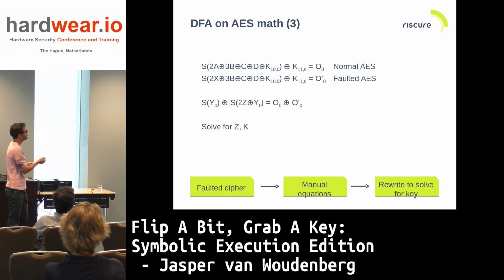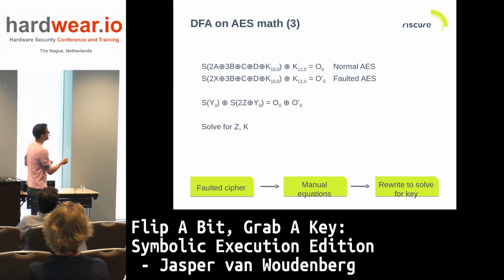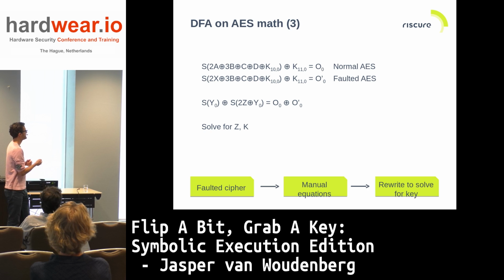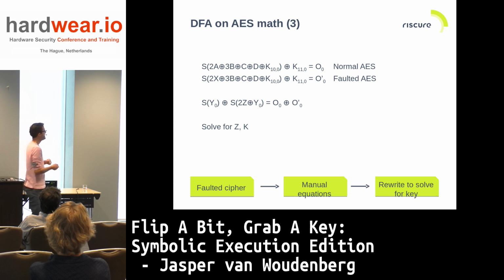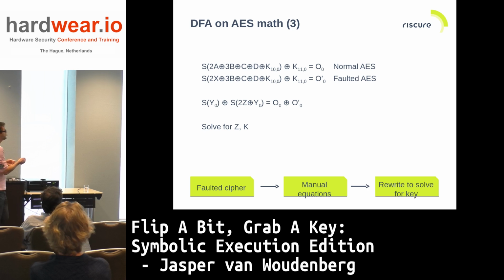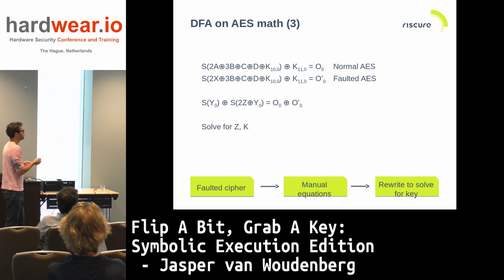In normal AES, the equation looks something like this. And remember again, the attacker can observe outputs. So he can run AES one time without faulting it, so he knows what O looks like. He can fault it, and then you see the X appear in the equation here, and you get some other output. And the nice thing is if you XOR these two equations, so I do that here, then these two key bytes cancel out.